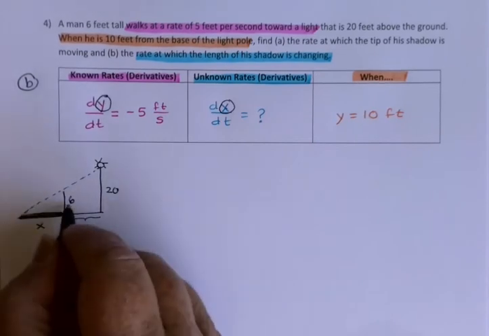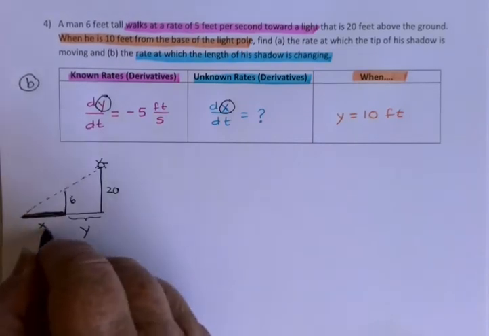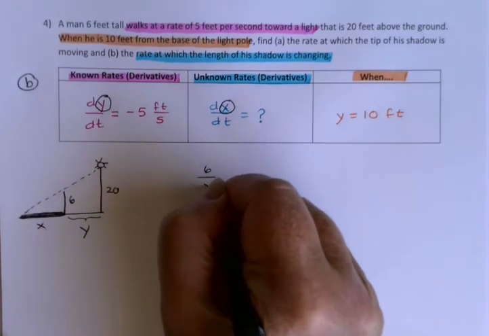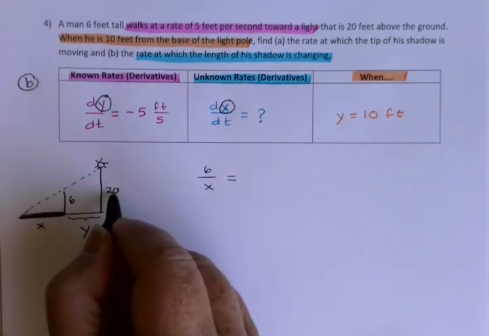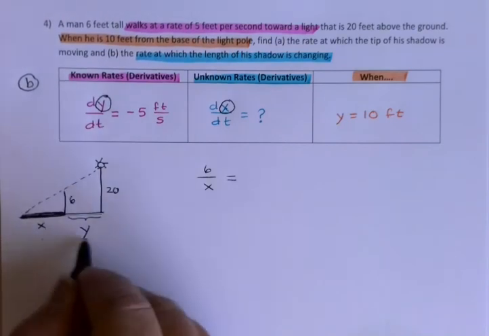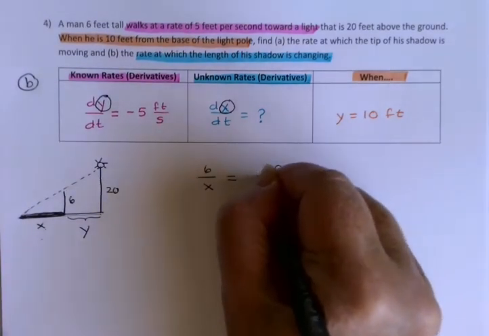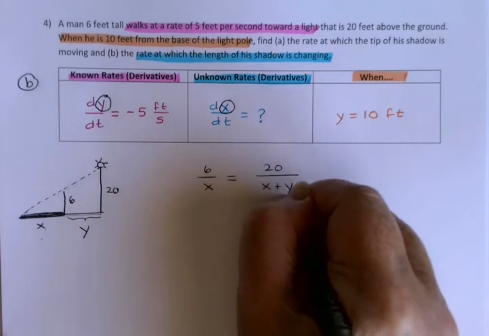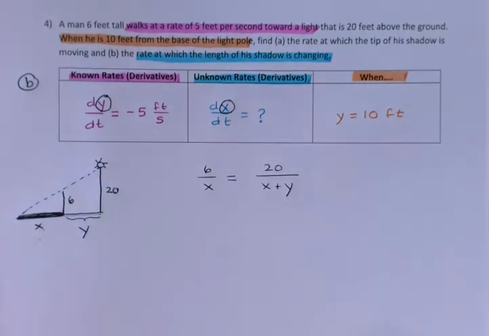So in a small triangle, I could say the ratio of 6 over x equals, in the big triangle, 20 over this whole side, x plus y. So there's my equation. It just has x's and y's in it, which is exactly what I wanted.